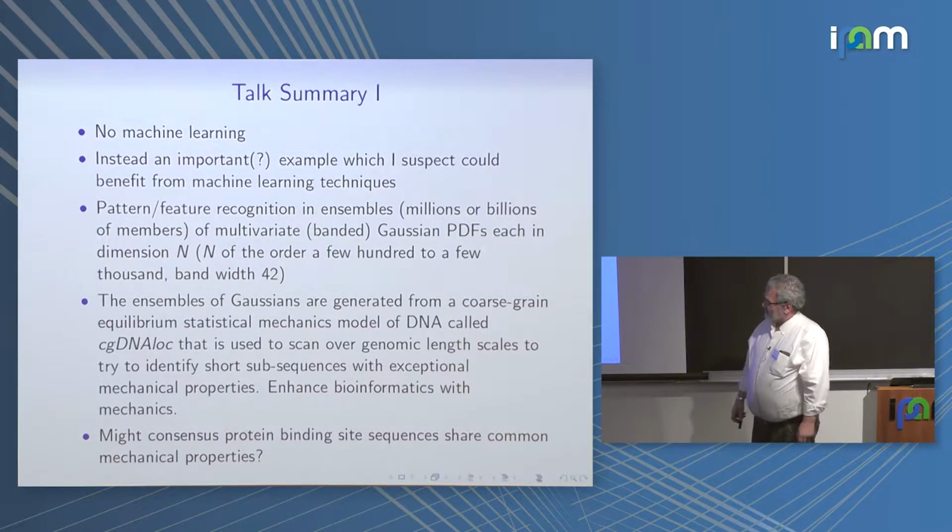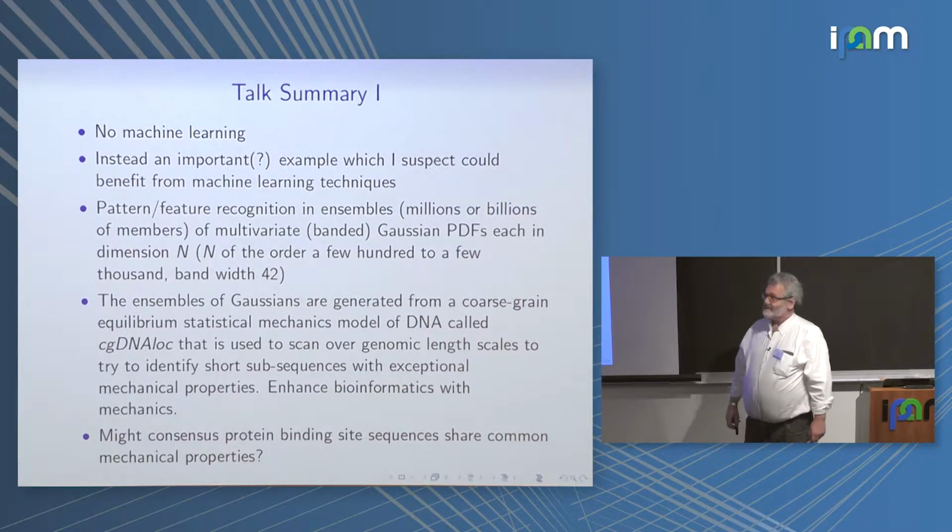Basically the problem is exactly this: pattern and feature recognition in ensembles of Gaussian PDFs. When I say an ensemble, I mean millions or billions of them. They're multivariate Gaussian PDFs. Whenever I say a banded Gaussian, I mean that what I call the stiffness matrix, and statisticians would call the precision matrix, i.e. the inverse of the covariance matrix, is banded.